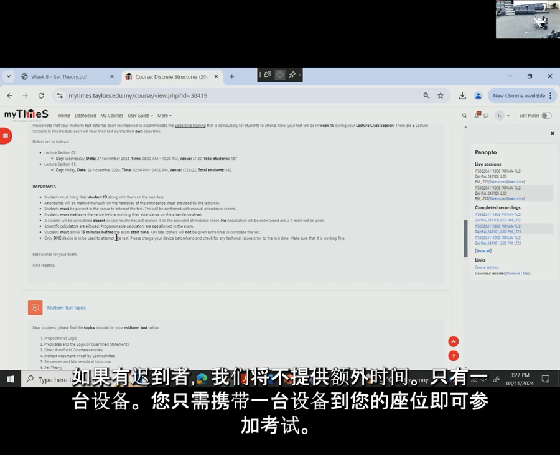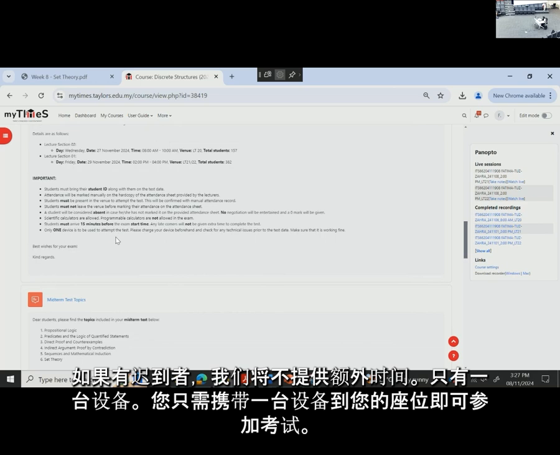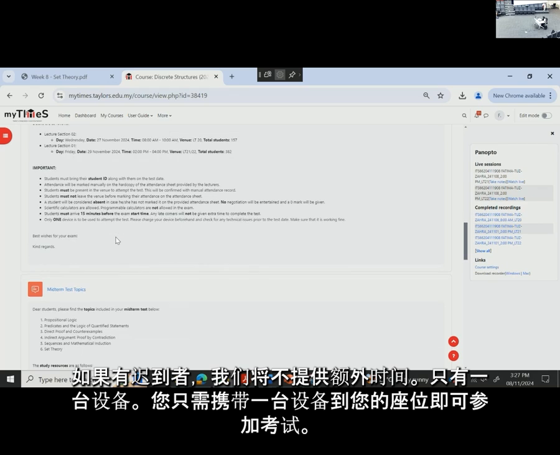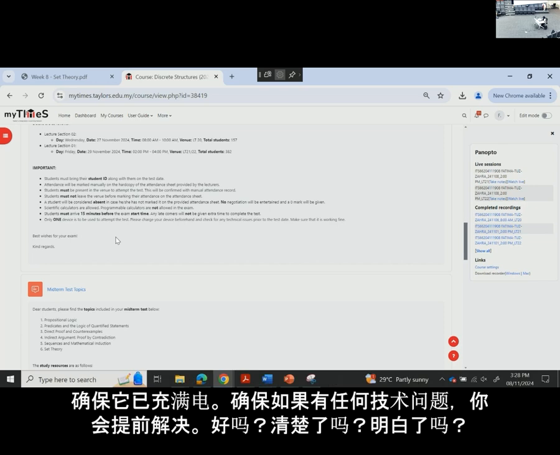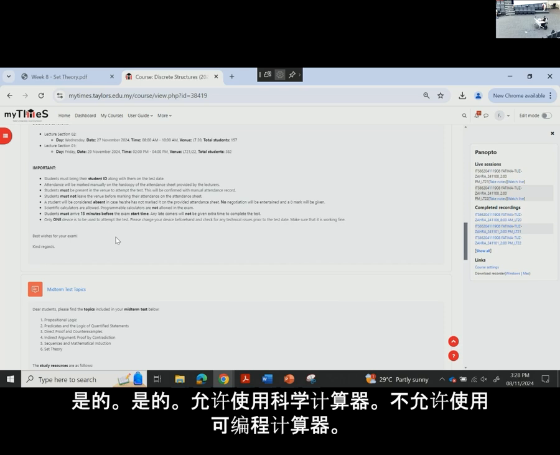And in case we have latecomers, no extra time will be given. You need to bring only one device to your seat to attempt the test. Make sure that it is fully charged. Make sure that if there is any technical issue, you solve it beforehand. Okay? Clear? Understand? Okay.